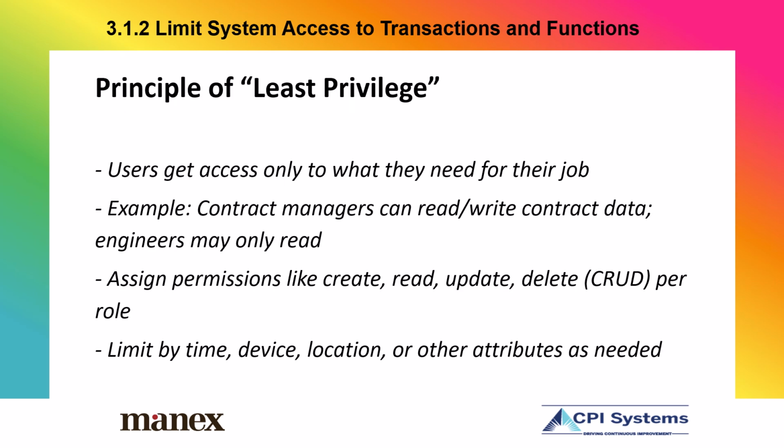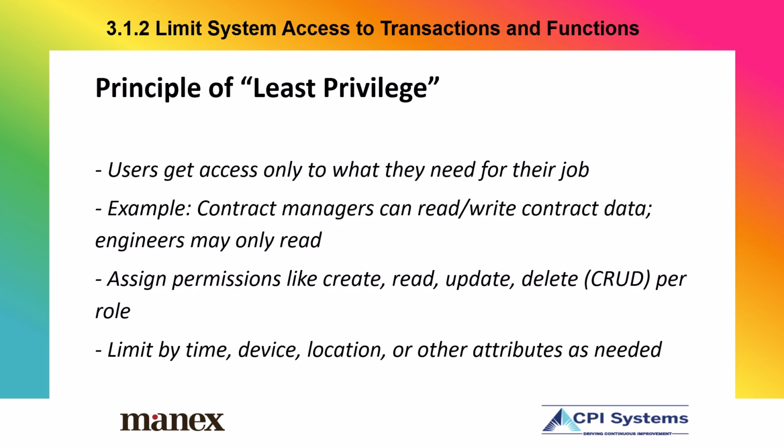Let's talk about the principle of least privilege. In this principle, users get access to only what they need for their job. An employee has rights only to functions and information needed for their responsibilities, no more or no less. For instance, contract management staff can update contracts, but not alter financial data.